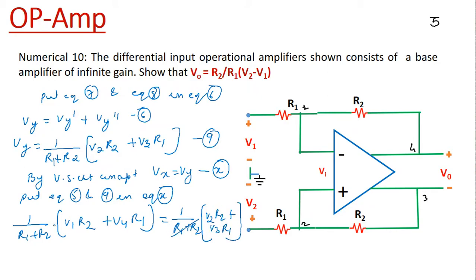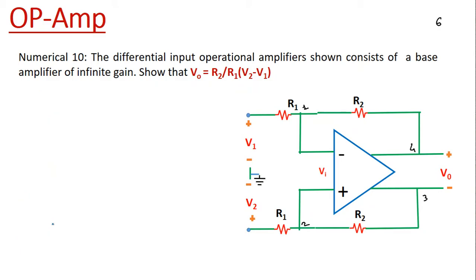So this R1 plus R2 and this R1 plus R2 get cancelled out, and here we get V1 R2 plus V4 R1 is equal to V2 R2 plus V3 R1. Now we shift this V3 R1 to the left hand side and we shift V1 R2 to the right hand side.